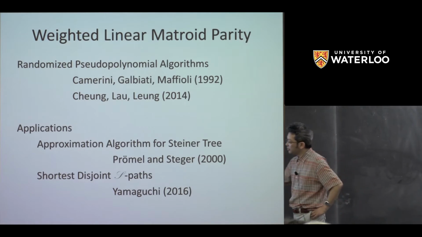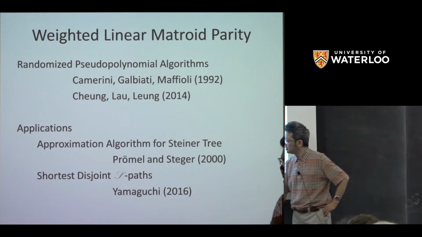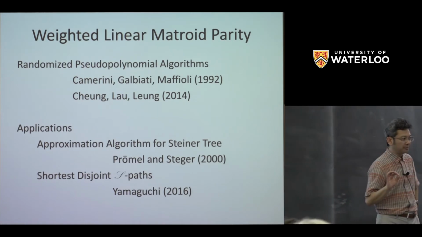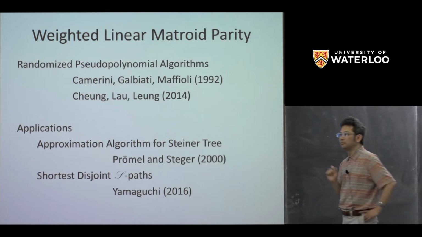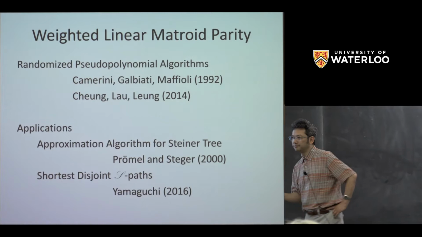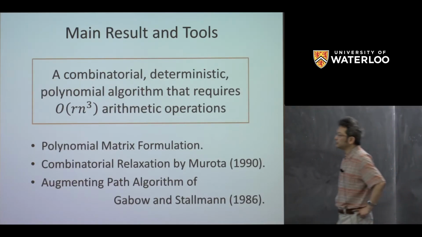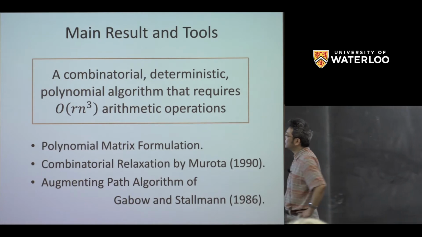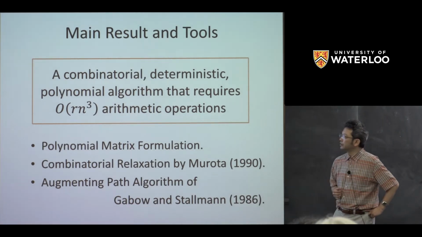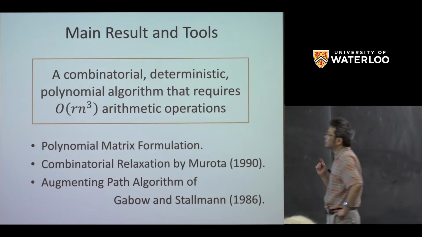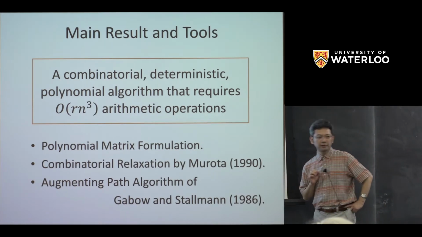Also, a recent paper of Yamaguchi showed that a weighted version of the disjoint S-paths problem can be solved exactly by this weighted linear matroid parity problem. Now, here is the main result and tools. We have developed a combinatorial deterministic polynomial algorithm that requires order of rn cubed arithmetic operations.